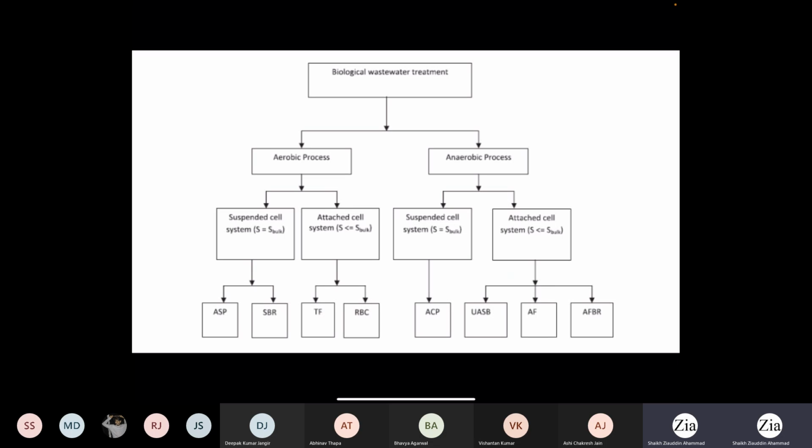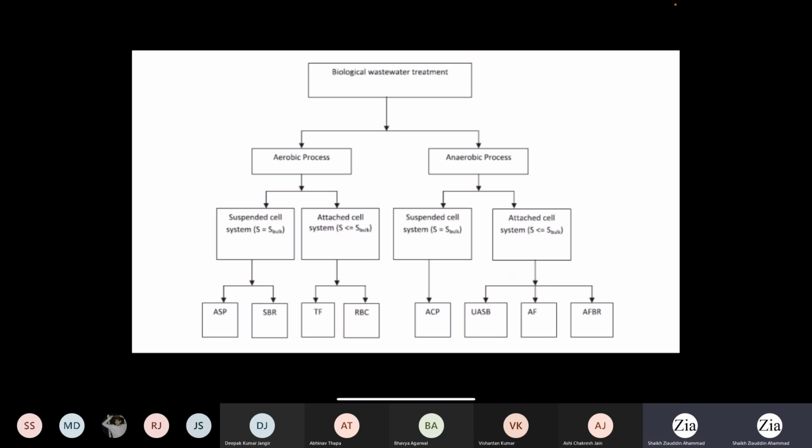Now, different reactor configurations are used based on metabolism and also the suspended and attached cell system configuration. So you have aerobic process, anaerobic process, and in both the system you have suspended and attached cell system.